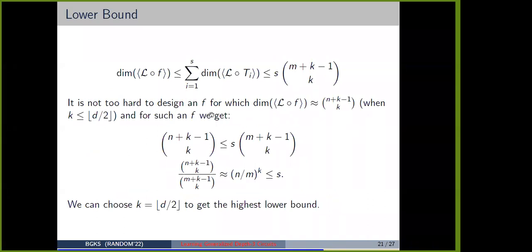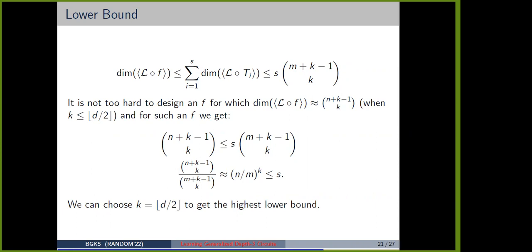You can think of, let's say, the elementary symmetric polynomial, something like that. And you get a high dimension polynomial, and by straightforward techniques we get that S is lower bounded by n by m to the k, and your m is like square root of n, so that will give you a lower bound directly. So again, to conclude, we can get lower bounds for this model by just using partial derivative operators.